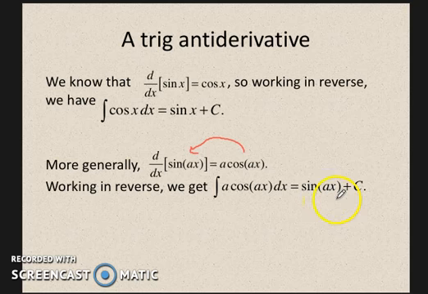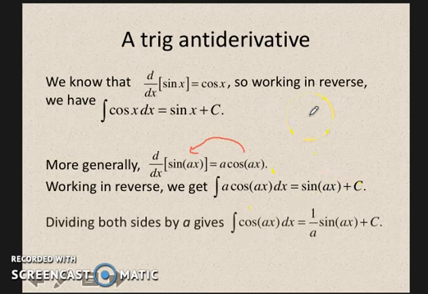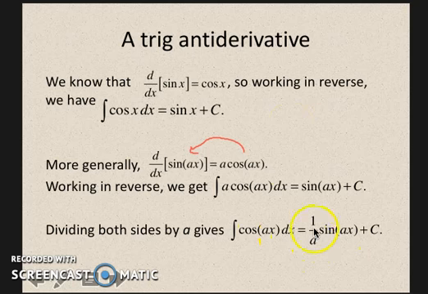That means it is equal to sine ax, and when you divide both sides by a, you get 1 over a sine ax plus c, the antiderivative of cosine ax. So it is the antiderivative of sine ax, and then divide by the coefficient of x. And of course, don't forget about our c here.